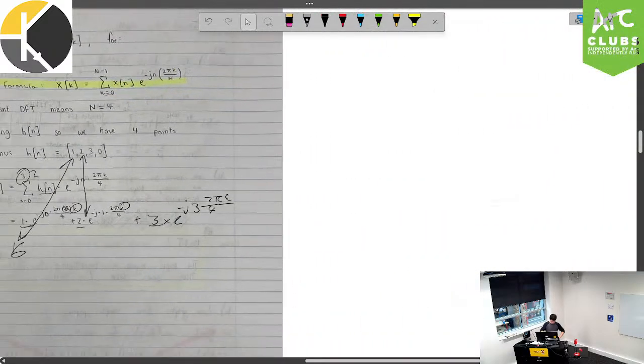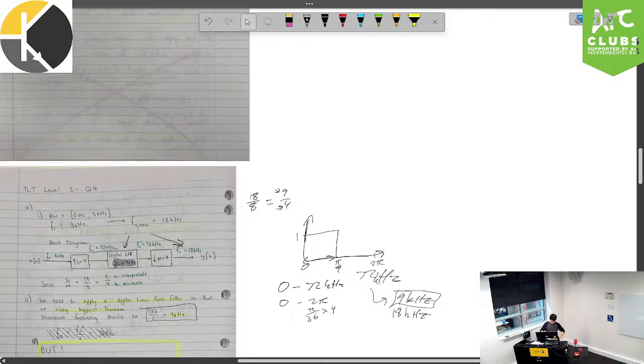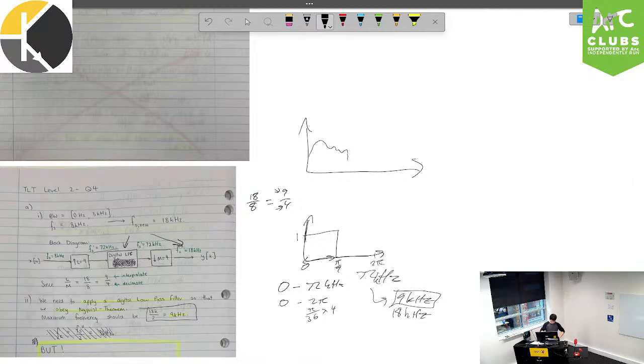And so when we describe our initial function, this would be pi, and this would be our 3 kilohertz region, which would be 3 pi on 4. Okay? So just before we've hit pi, this is where the bandwidth spans between. Here's our 3 dB point.